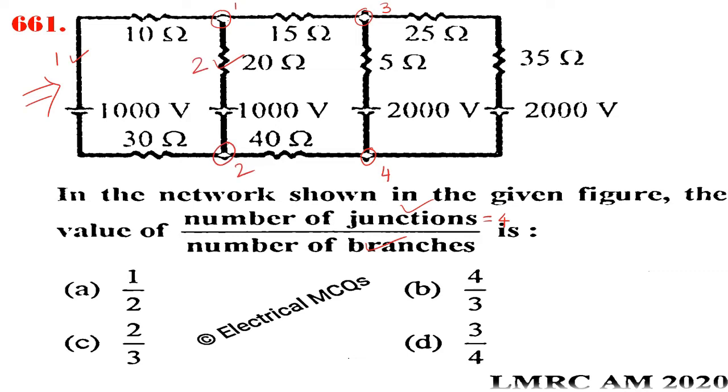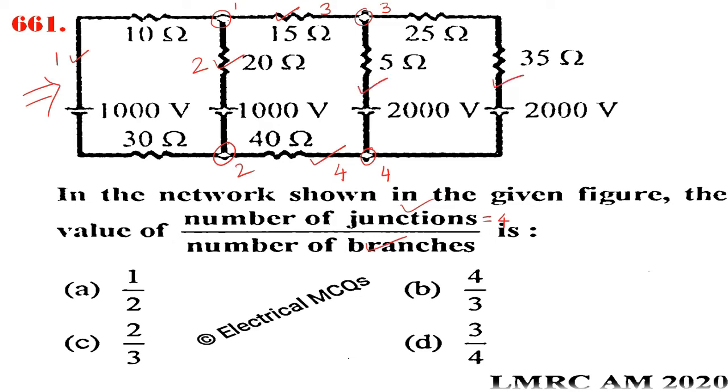In between junction 1 and 3, this is a branch, so this is branch 3. In between junction 2 and 4, this is a branch, so this is branch 4. And in between junction 3 and 4, there are 2 branches.